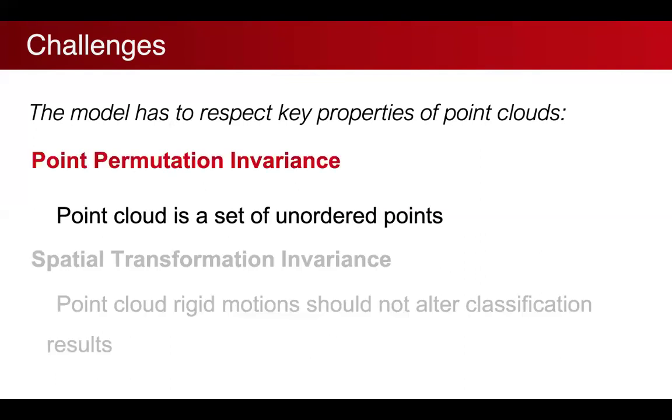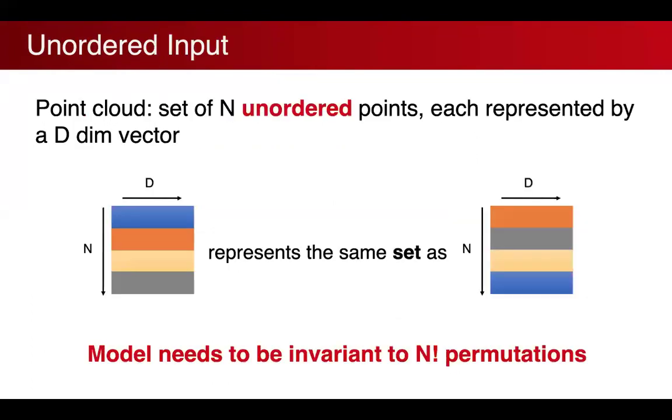In terms of permutation invariance, we notice that a point cloud is a set of unordered points. And then we need to have a neural network that's invariant to this property, because the input of the neural network is an unordered set of points.